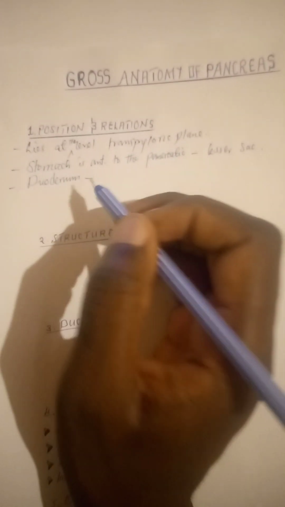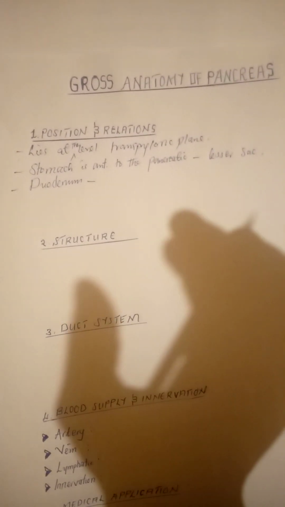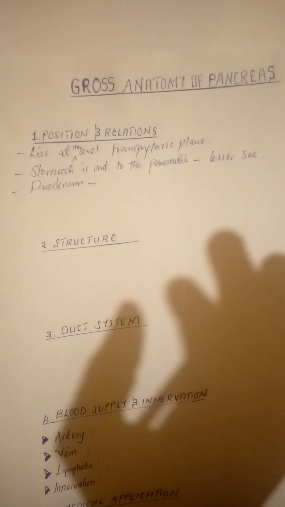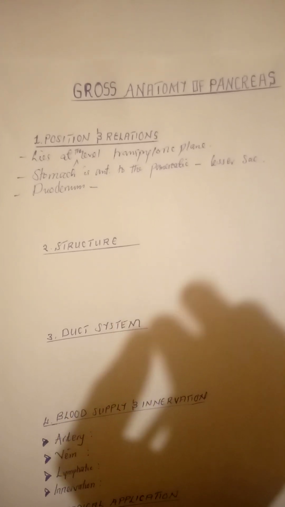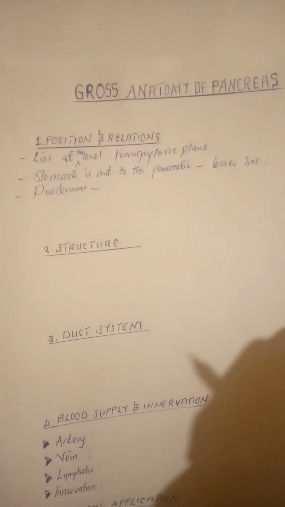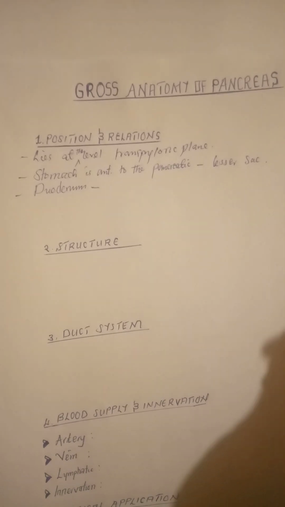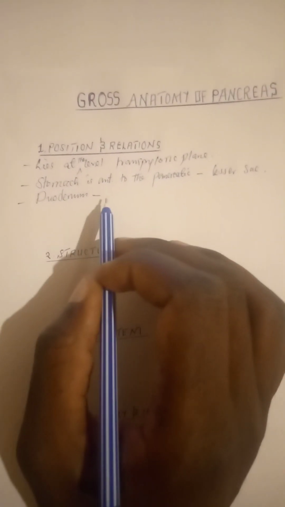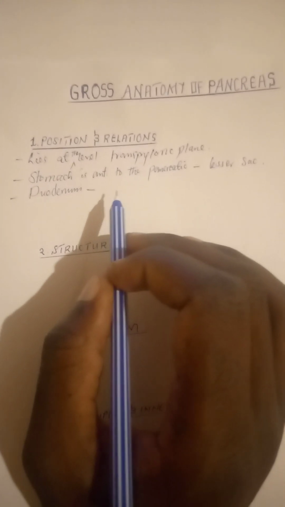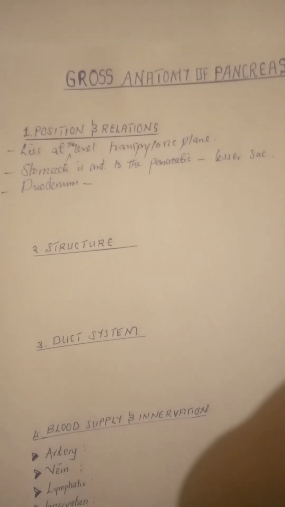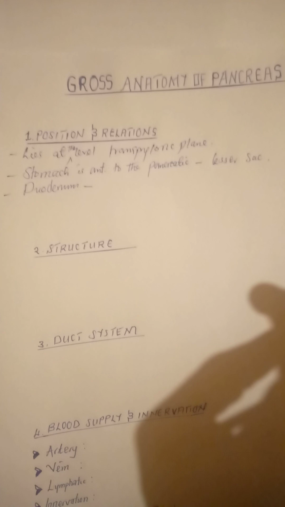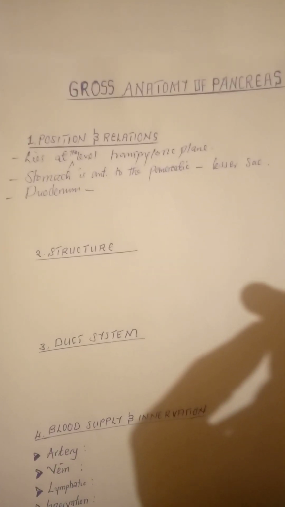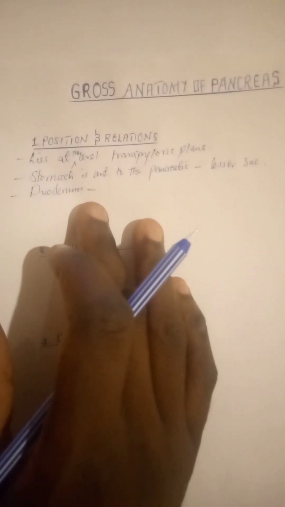This one forms a C-shaped structure around the head of the pancreas, and is basically connected by the transverse mesocolon.